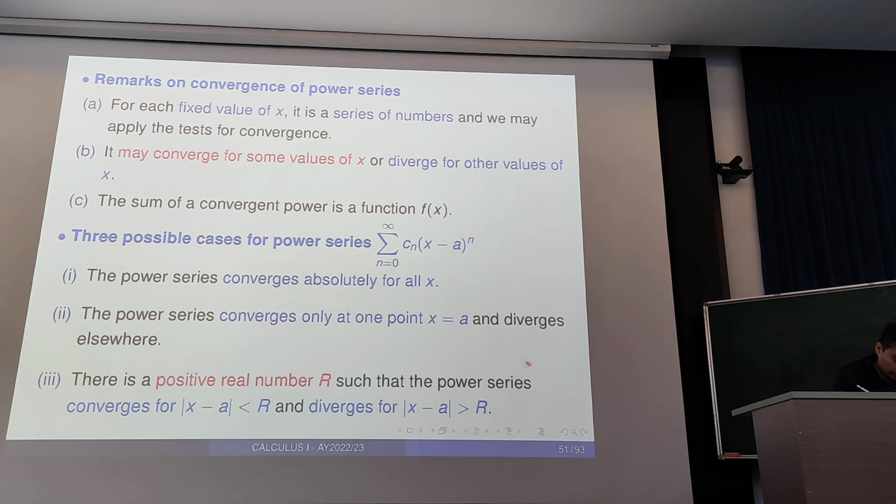And the last case: there is a positive real number R such that the power series converges for the absolute value of x minus a less than R and diverges outside of this circle. You know, this represents the outside part of the circle, right? With the ball with the center a and radius R.